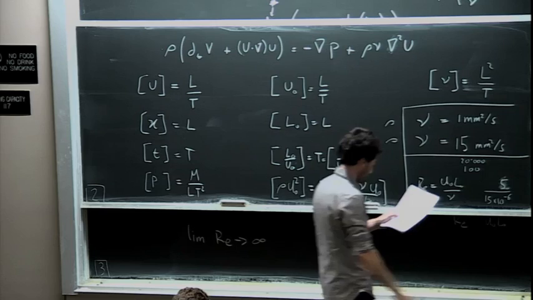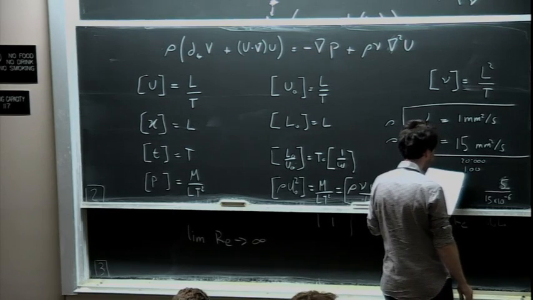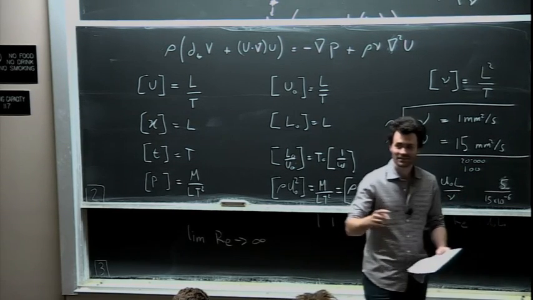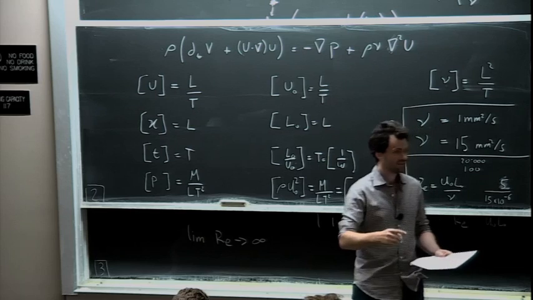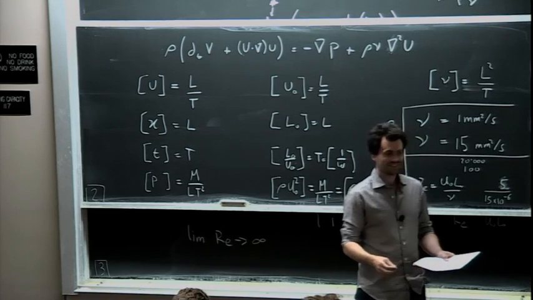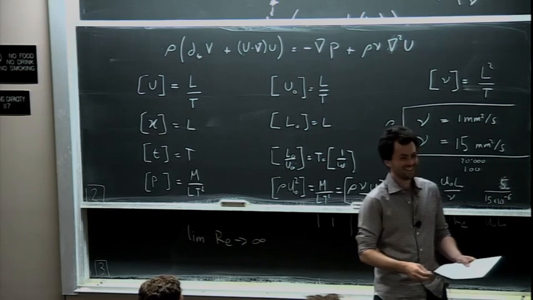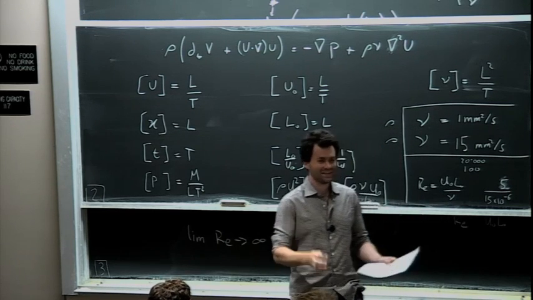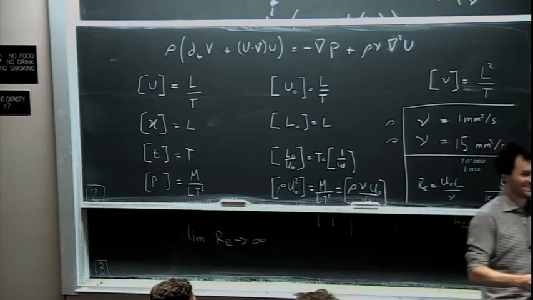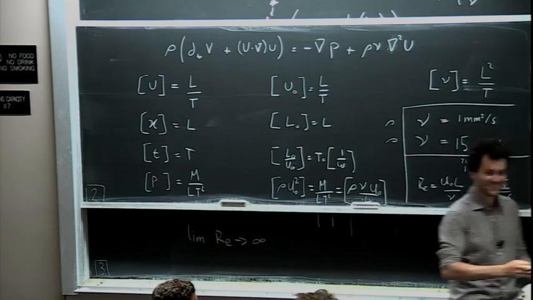There you go. And how about a speed? 1,000 kilometers per hour. Wow. Can anybody tell me what the speed of sound in air is? So it's less than that.